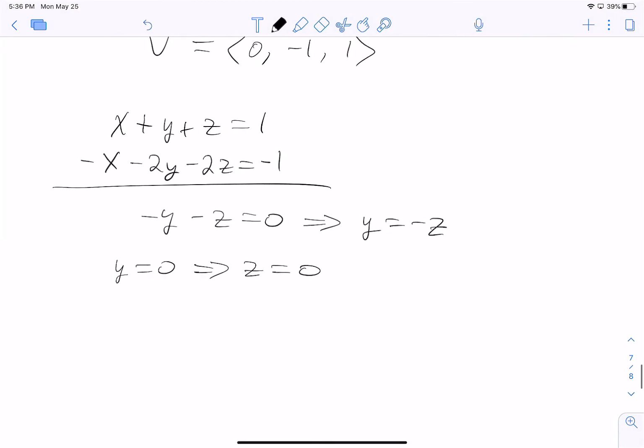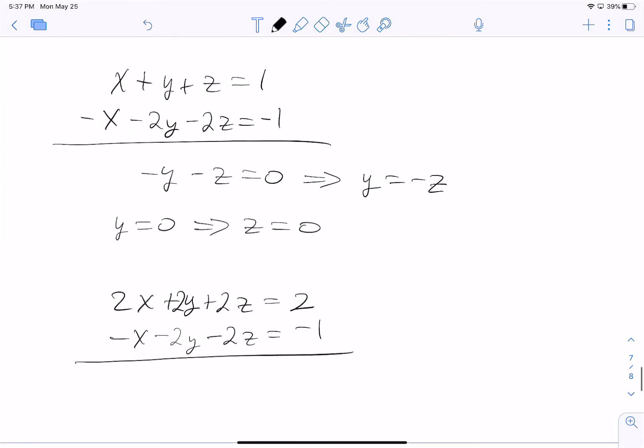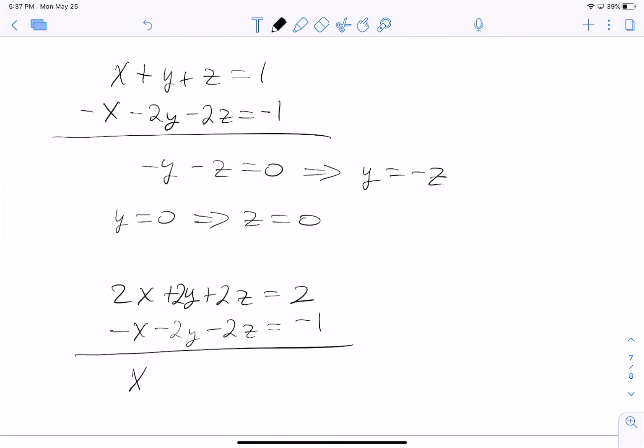What about x? Well, we eliminated x from the equation, so instead of eliminating x, let's go another way with this. Let's take the first plane's equation, multiply it by 2, so we get 2x + 2y + 2z = 2. And then take this equation as is, the one where we multiplied by -1 for the second plane, -x - 2y - 2z = -1. If we add those two equations together, then we get that x is equal to 1.